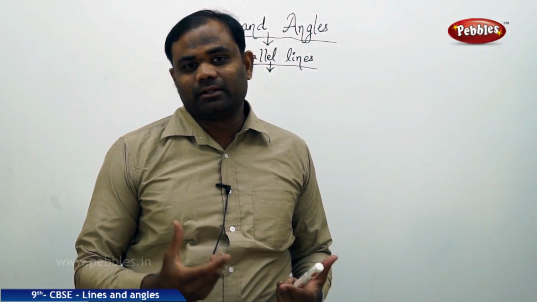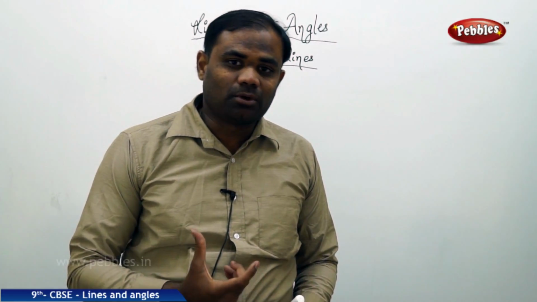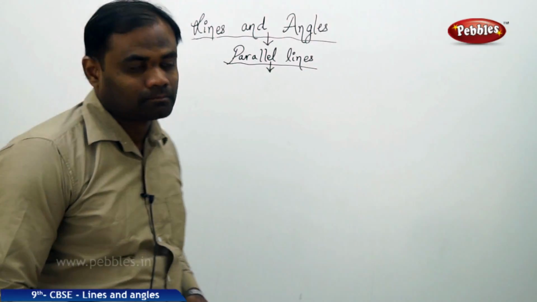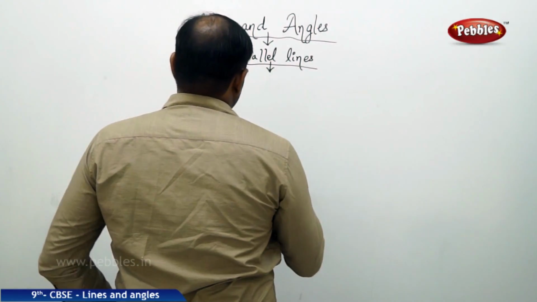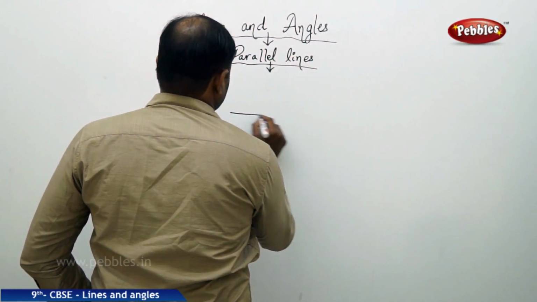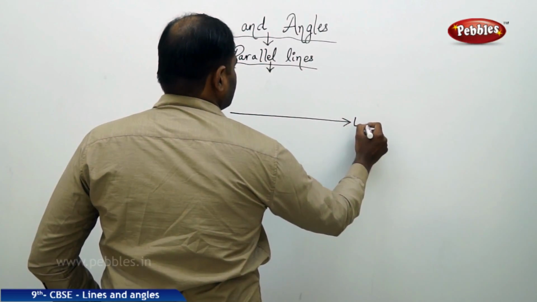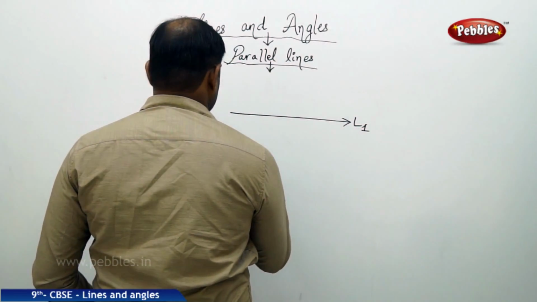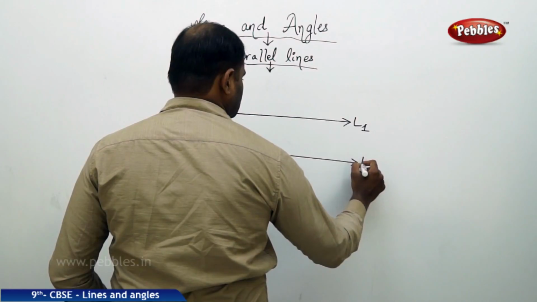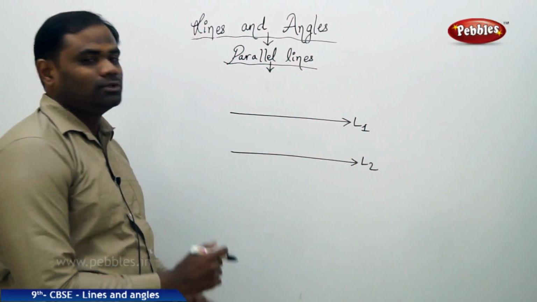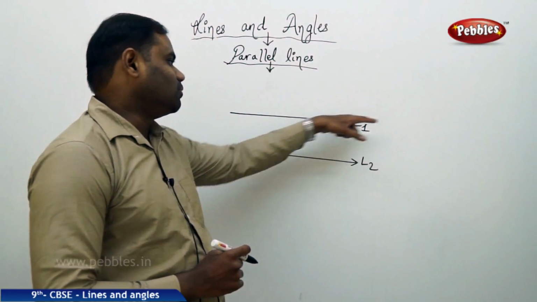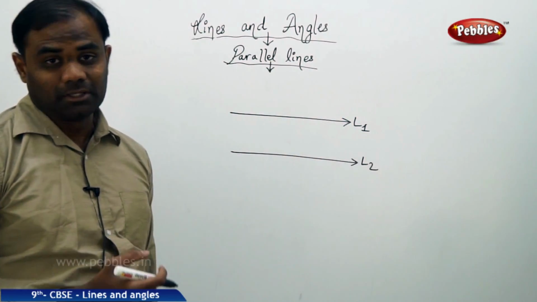Now let's take two parallel lines to understand the further properties related. Imagine I have two parallel lines L1 and L2. These two lines are parallel because they go on and on, but they never meet.